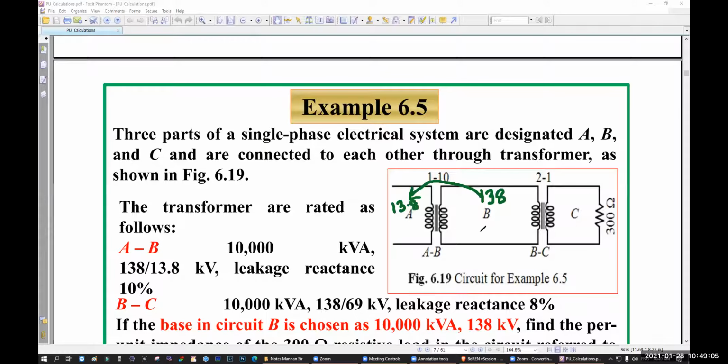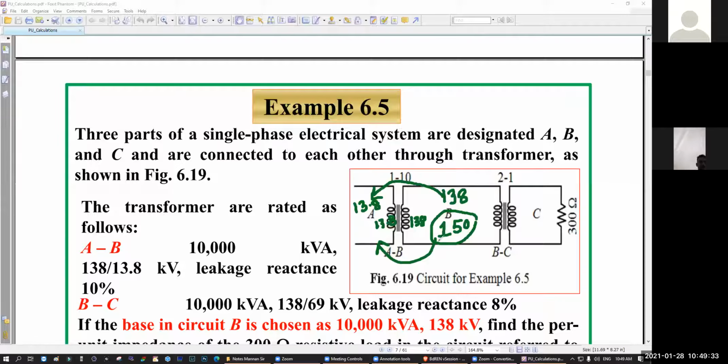Remember, if the base here was 150, but the actual value is 138, this value is 13.8. But if by any chance the base was 150, what would this side's base be? Corresponding value: since 13.8 comes for 138, what would come for 150?